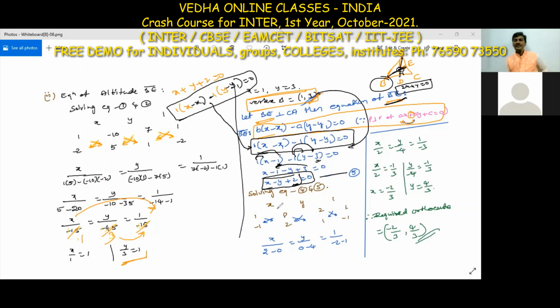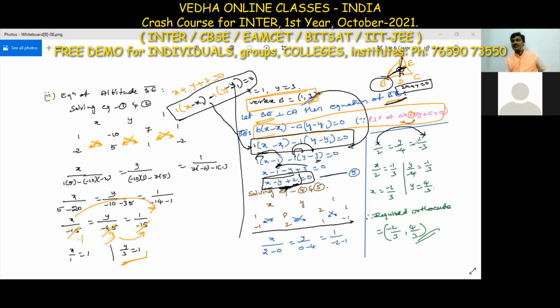Next for this equation, y coefficient minus 1, minus 1 to 1, minus 1 to 1, again minus 1. x divided by AD minus BC, right? 1 times 2 is 2, minus 0 into something is 0. y divided by 0 into 1 is 0, minus 2 to the 4, equals 1 divided by minus 2 minus 1. So x by 2, y by minus 4, 1 by minus 3.